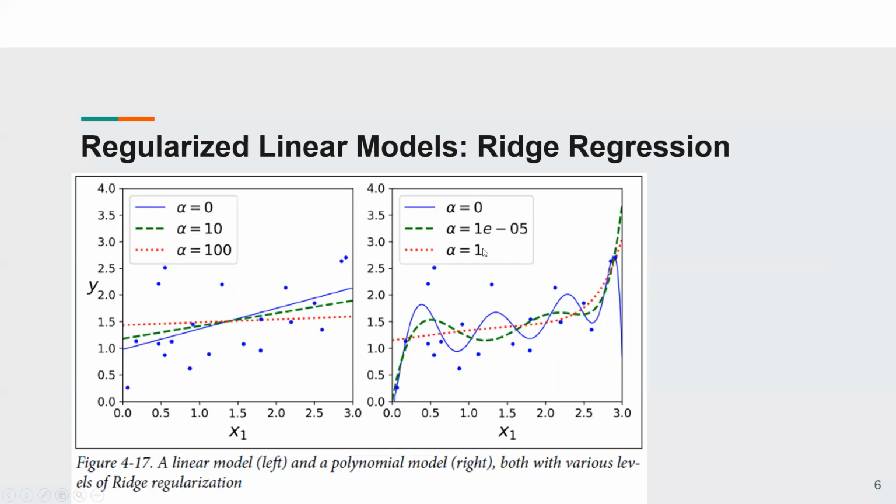When alpha is even a little bit larger than 0, which is still small, that's the green line, and when alpha is 1, which is much larger than this green alpha, you can see that, at least in this section, the slope is smaller. Okay, this is ridge regression.